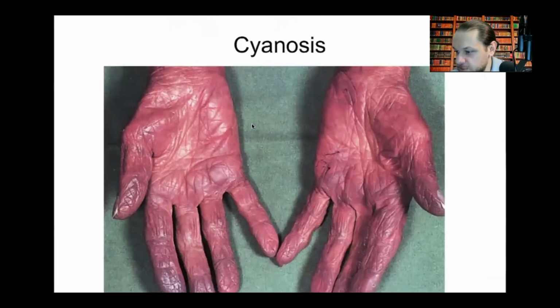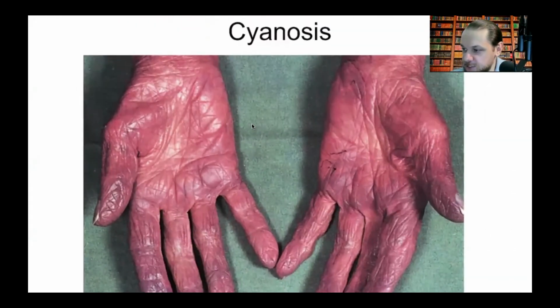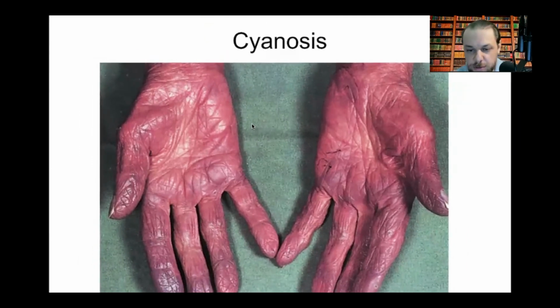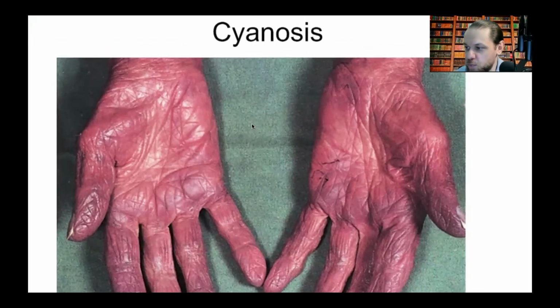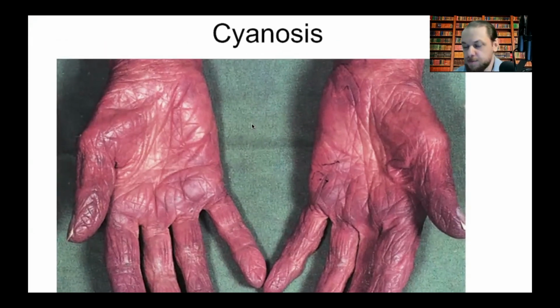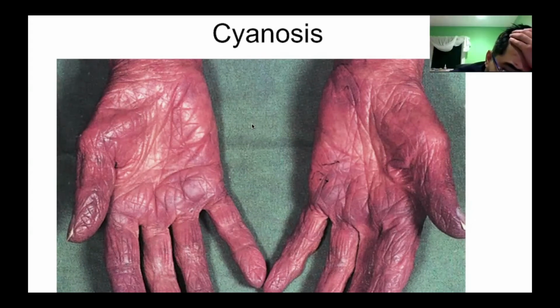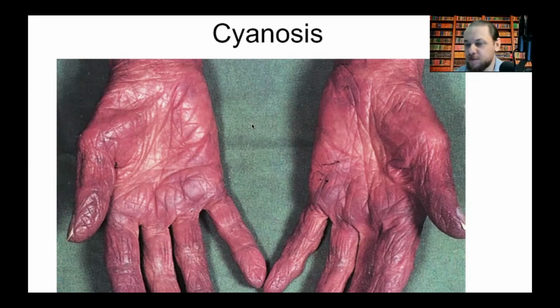Right? The next thing I want to talk about with the skin is cyanosis, right? Does anyone know what's the cause of this? And if you have watched the prior lecture on respiratory, that should give you a clue in terms of what causes cyanosis. Hypoxia. Hypoxia, can you be more specific?